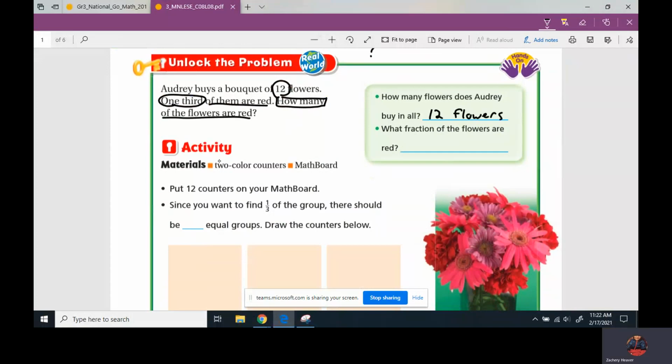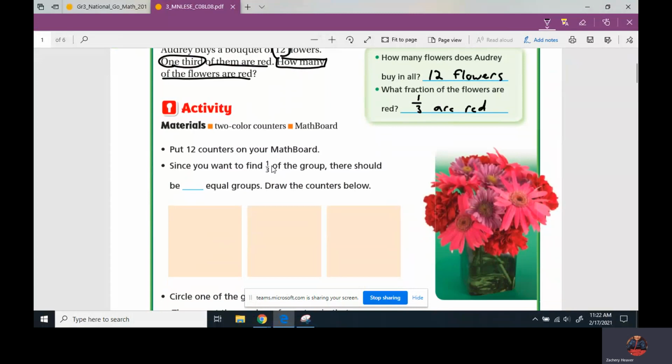And what fraction of the flowers are red? 1/3 are red. Okay? One-third are red.